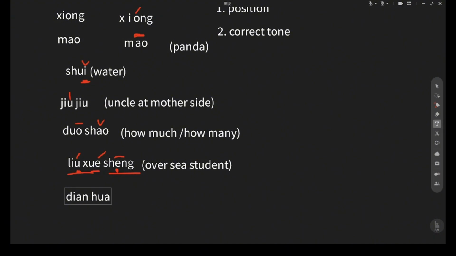So I read it with the correct tone. 电话, 电话, 电话. I write and mark it. You see, the tone goes on the vowel that is in front, right? So 电话 means telephone, okay?